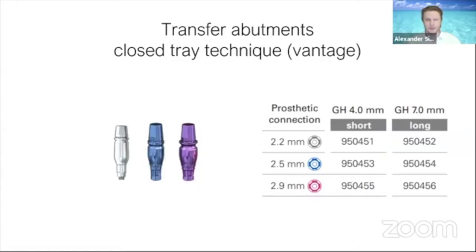And pay attention that in a conical platform, you can get a very thin transfer abutment because there are 3 types of connections. And of course, we need a plastic cap fixed on the top of our abutments.